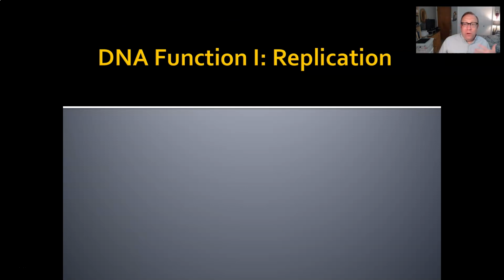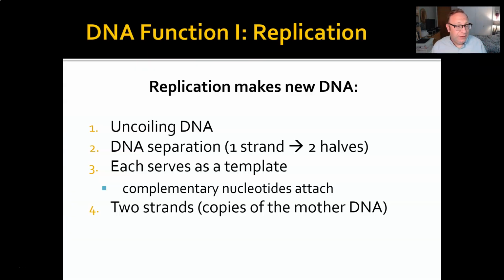Now, what does DNA actually do? Well, it has several main purposes. The first is replication. Replication makes new DNA, okay? And it's sort of a four-step process. I'm going to run through it fast, and then we'll run through it slow, okay?